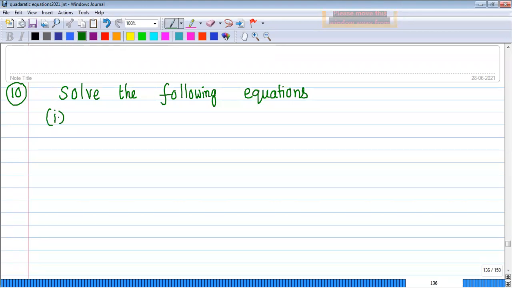So first question, x to the power of 4 minus 5x square plus 6 equals to 0.